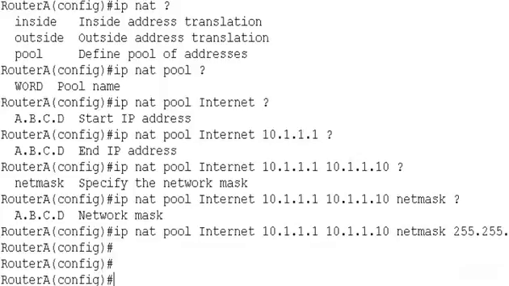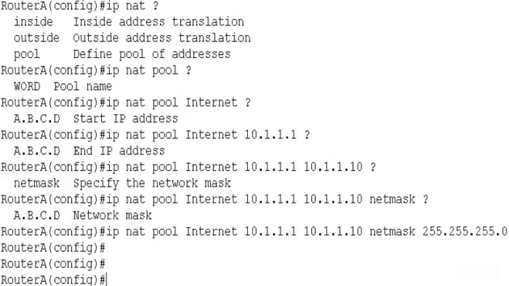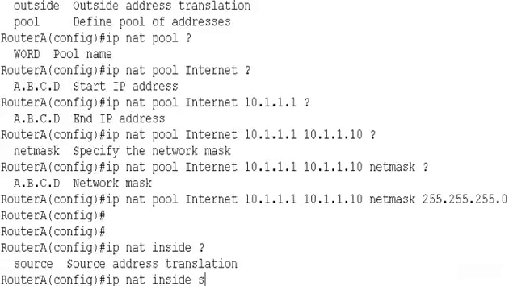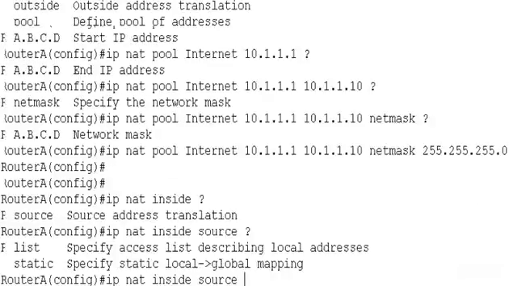Alright, so we need to add another line of config here to decide what the NATing is going to take place. So it's a little bit difficult to remember, so it's just a case of typing it out a few times and doing the labs over and over again. So IP NAT inside source, and then the next one should be list.